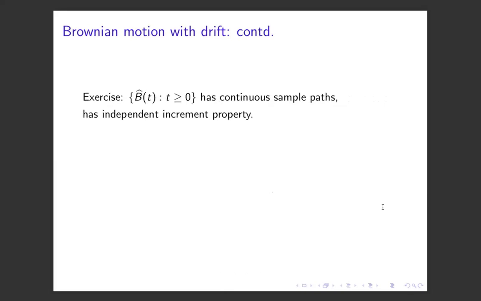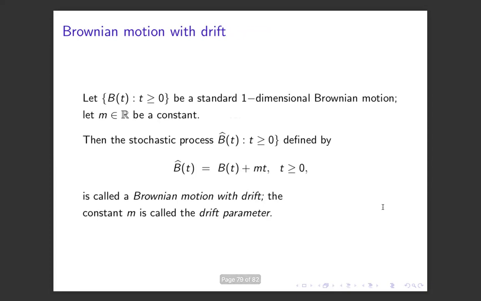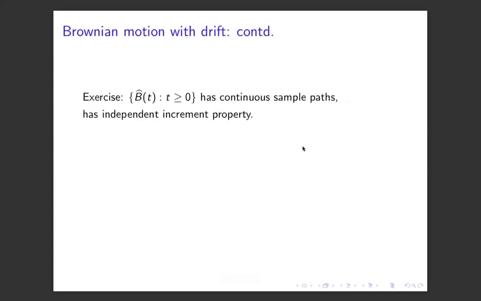You can easily check that this B hat t has continuous sample paths. That is very obvious. Next, you show that B hat t also has the independent increment property.